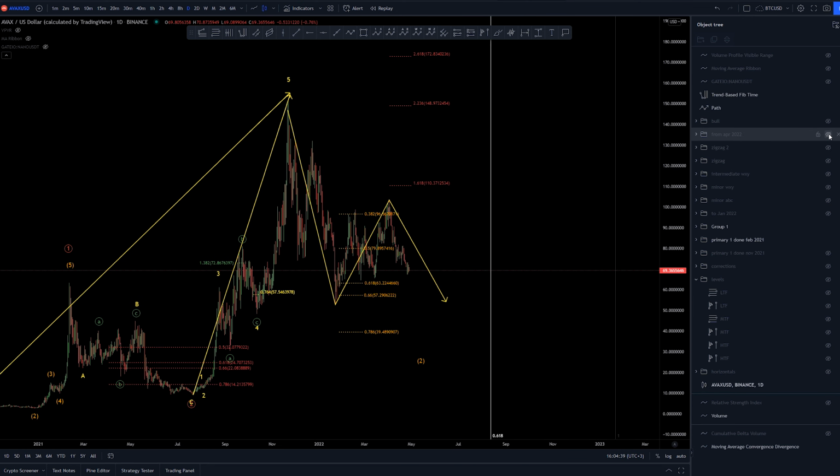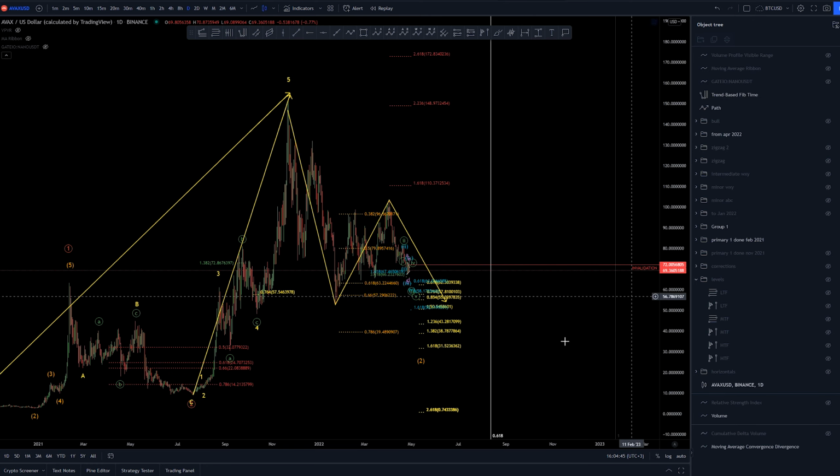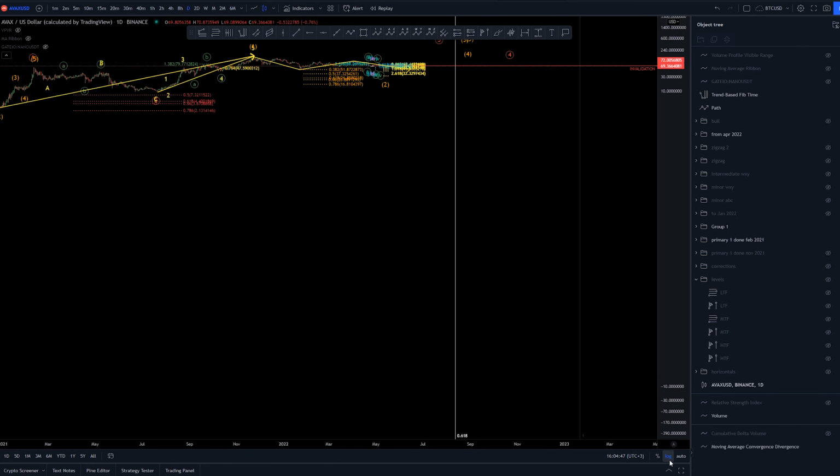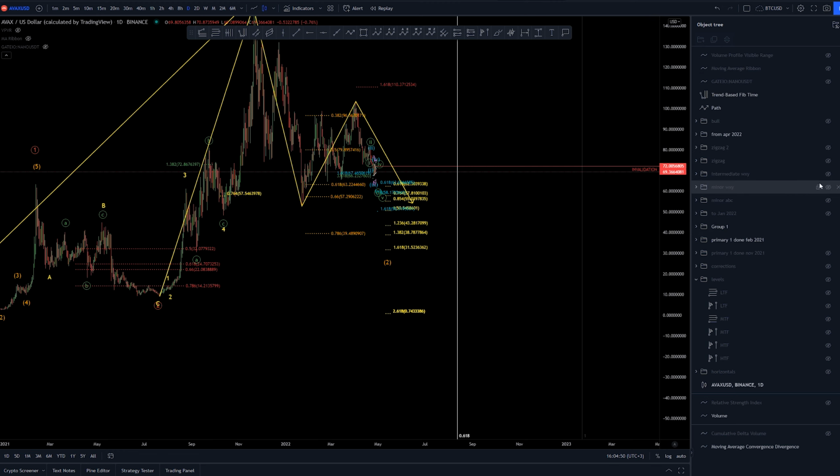Where did I have the targets for the, not that one here? Nope. I have hidden my targets right there.